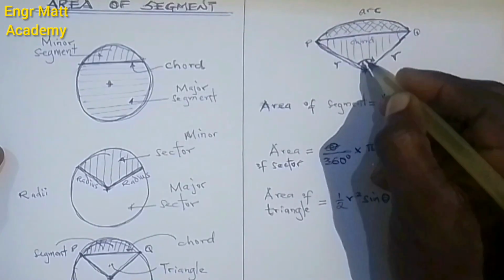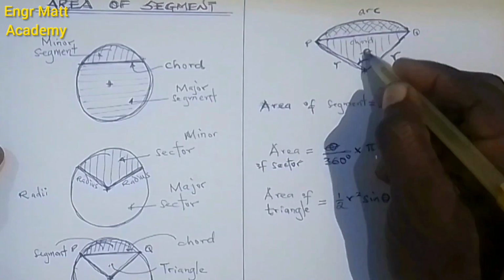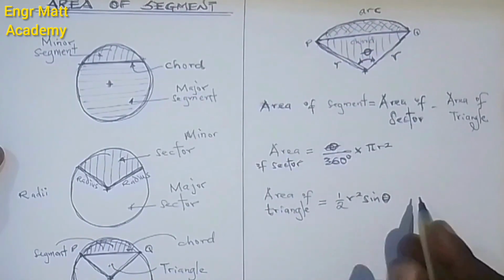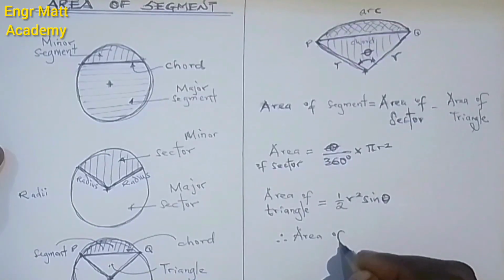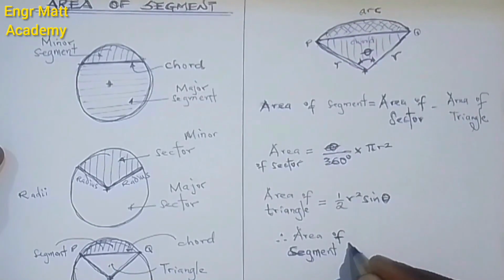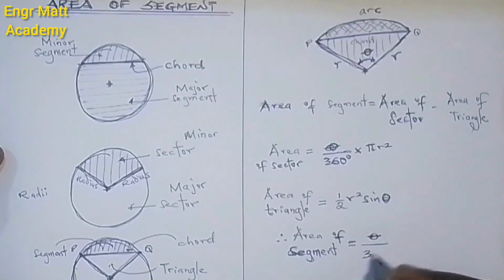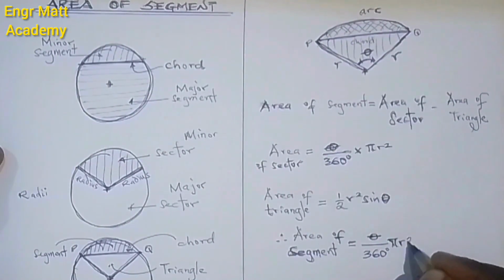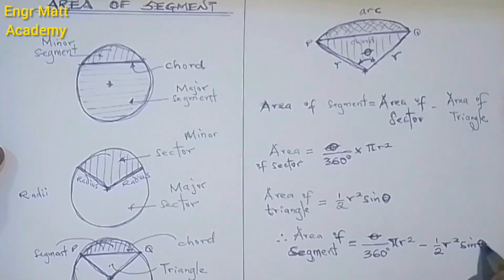Between these two radii, there is an angle called theta. So this means that the area of a segment is equal to theta over 360 degrees times pi r squared minus half r squared sine theta.